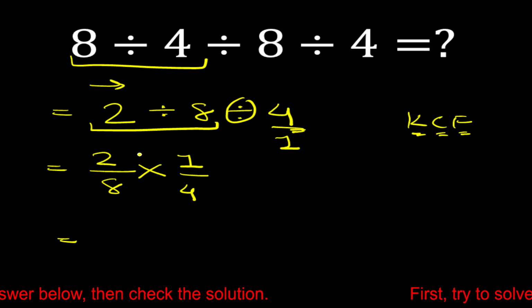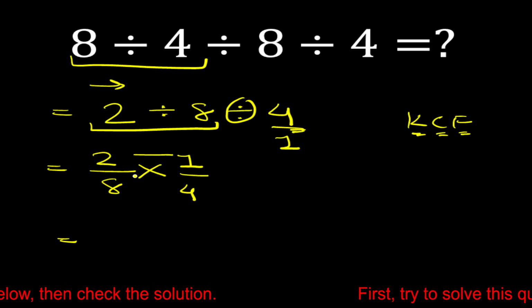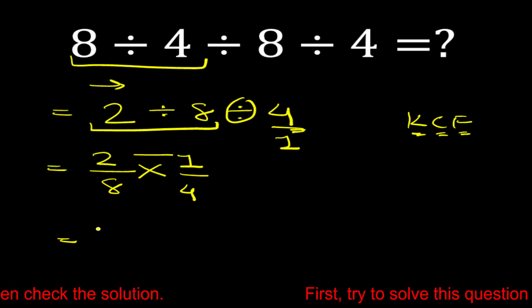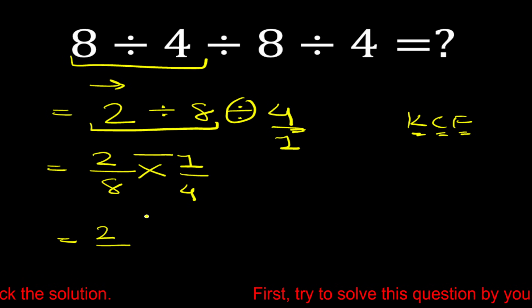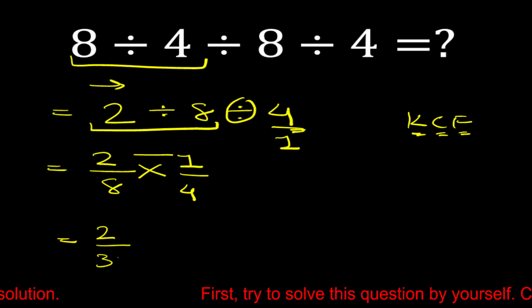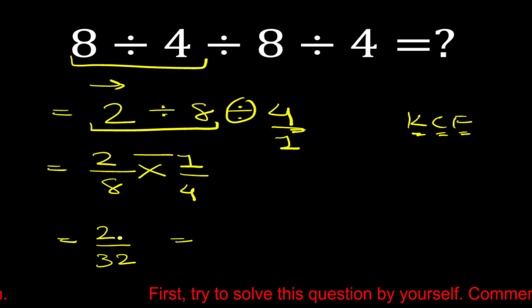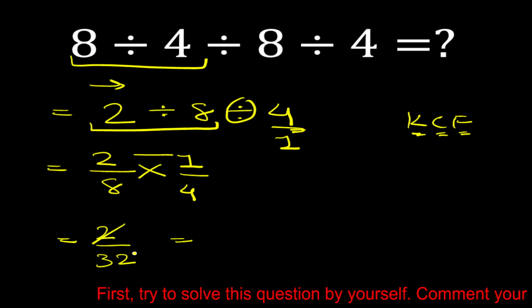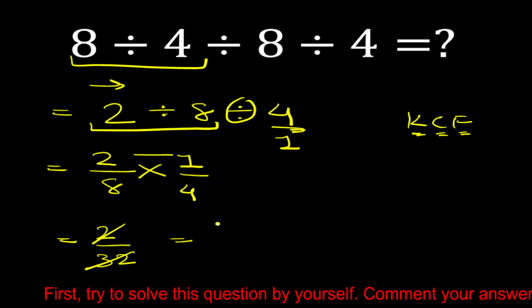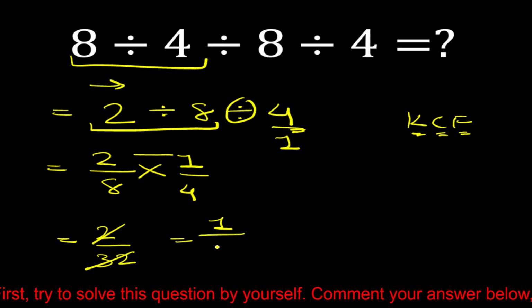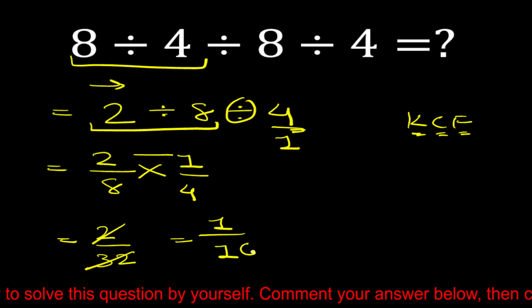Okay. Now 2 multiply 1 is equal to 2 and 8 multiply 4 is equal to 32. Cancel this and cancel this, it is equal to 1 by 16.